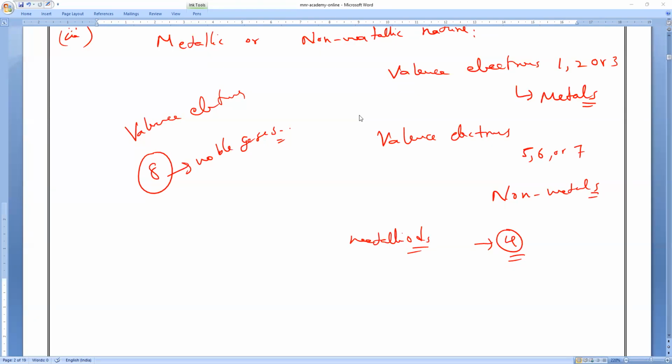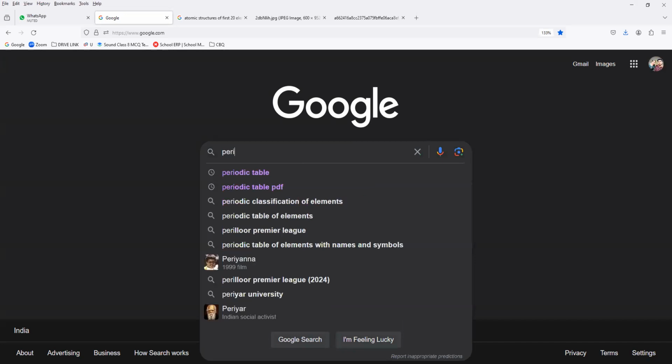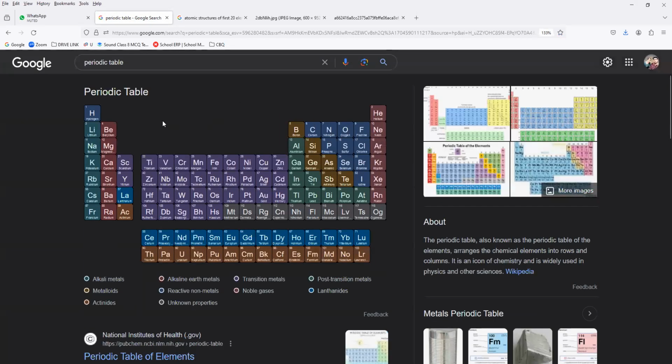Now, as I told you, the second point is the position of an element in the periodic table. Let us go to that and you can see. Type periodic table in Google and observe very carefully.